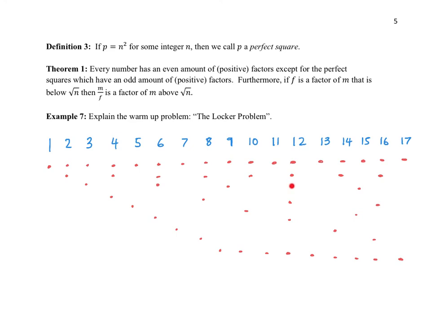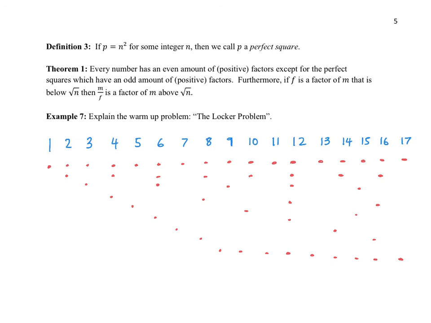And 3 is a factor. That's when I changed every third. And 4 is a factor. 5 is not a factor, but 6 is a factor. And then when finally I changed every 12th locker, I changed 12 one more time. So notice that the locker number is changing one time for each of its factors.